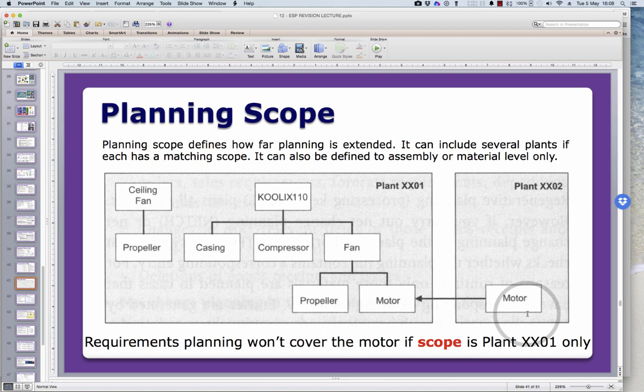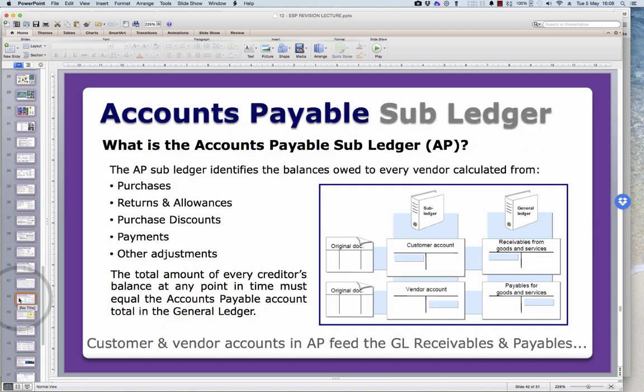Otherwise it will ignore the motor. It will do everything that it's supposed to in plant XX01 and you'll end up with no motor. So planning scope is the extent of plants that are going to be used to fulfill a particular order. Sounds very simple, and it is really, but you just need to make sure you've covered scope.